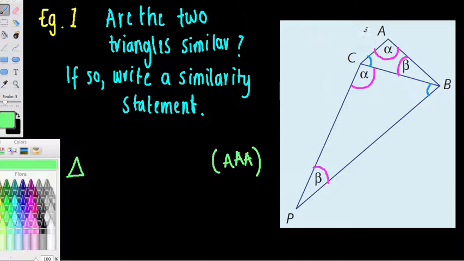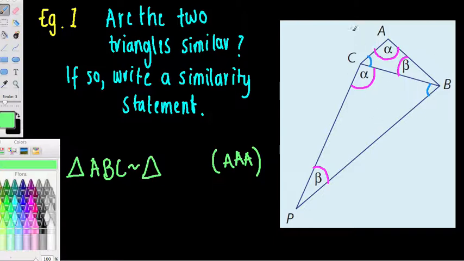Now this one is a little bit different to what we've been working with so far, because as you can see, this B here is actually going to apply in both of the triangles. So I'm going to start with the little triangle on the top. I'm going to call this A, B, C. Triangle A, B, C is similar to triangle.